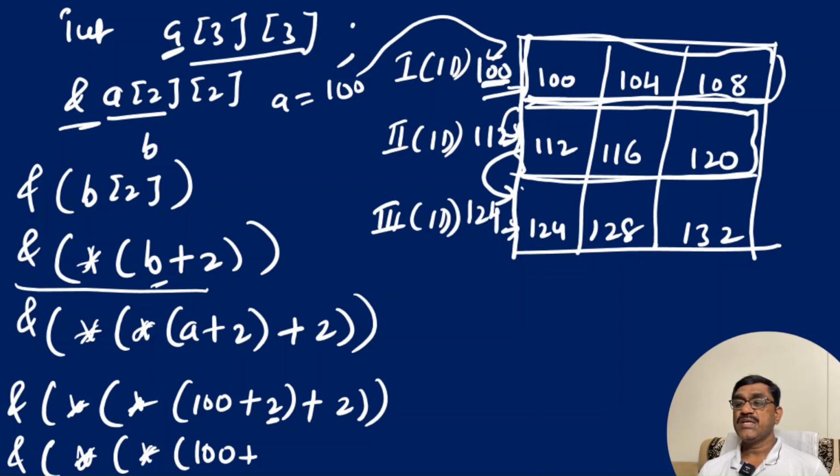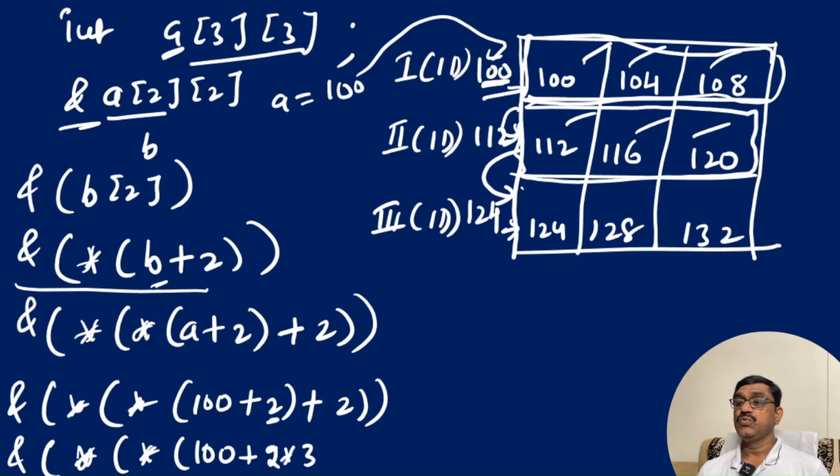That means we have crossed this element, this element, this element, this element, this element, this element. How many elements have we crossed? 6 elements. What is the column size of each one-dimensional array? 3. How do we get these 6 elements? This can be given as 2 into 3.